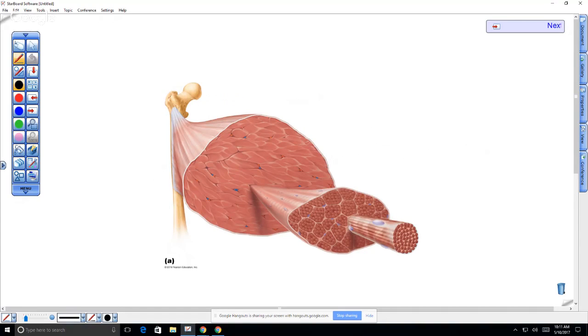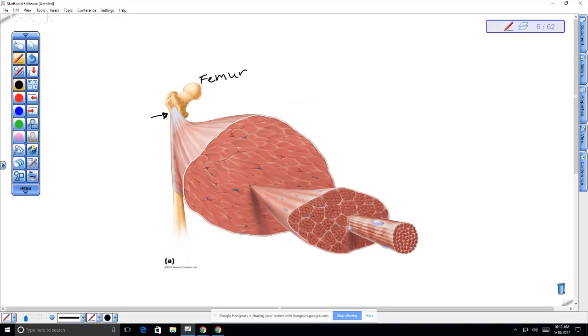Okay, so this is the first handout that I gave you. Does anybody recognize what bone that is? This is the femur bone. So this could be one of those leg muscles, the quadricep muscles. This muscle actually has a connective tissue connecting the muscle to the bone.